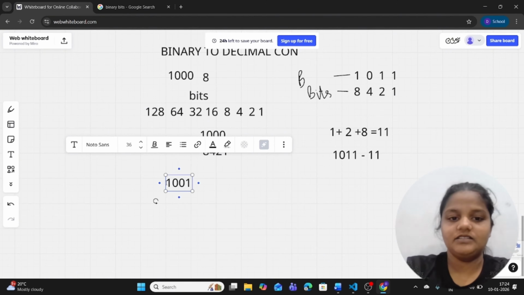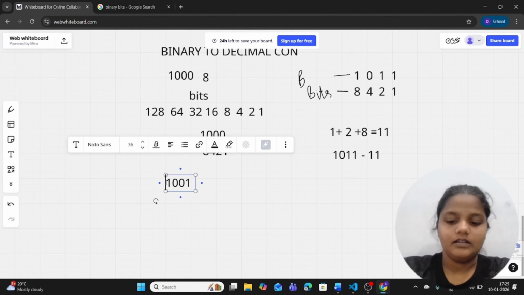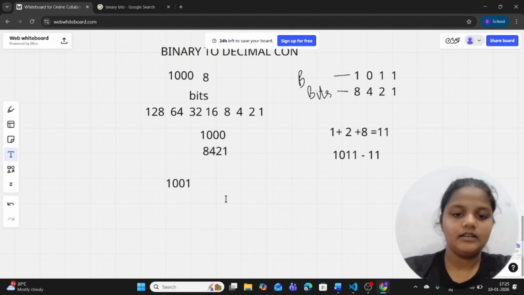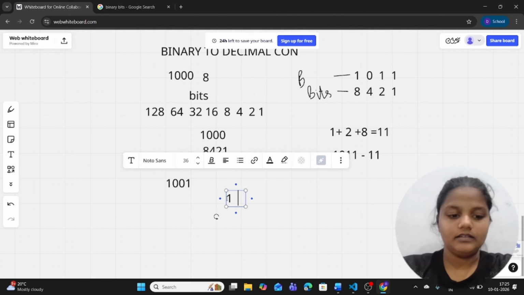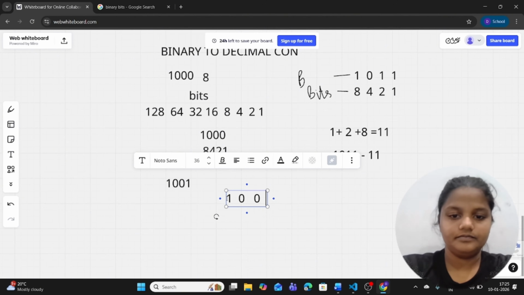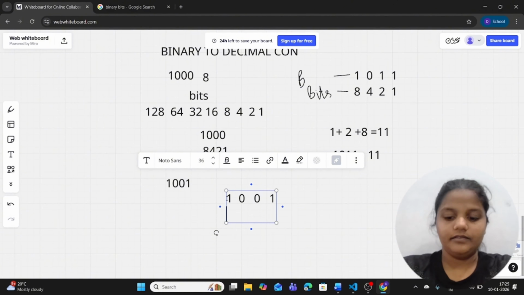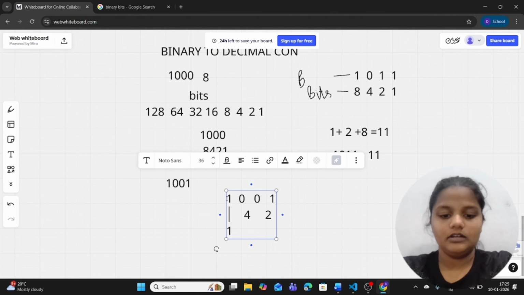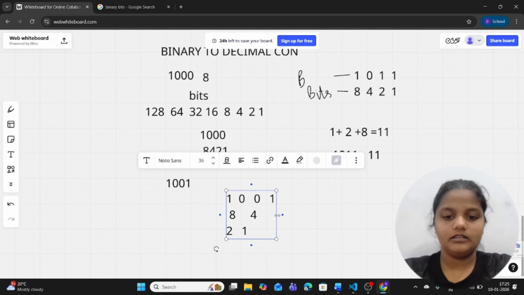This is our binary value. So first take the binary value, then give its corresponding bit values, starting from 1, 2, 4 and 8, right?